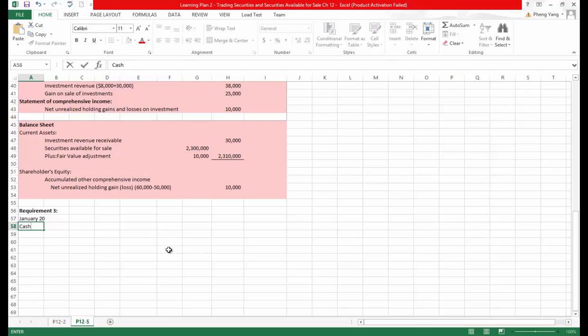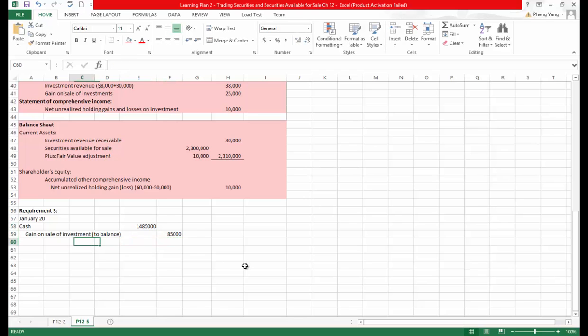So if we sold our investment, we're going to be debiting cash for the amount. We're going to credit a gain on the sale because definitely we have a gain. Did I say debit?